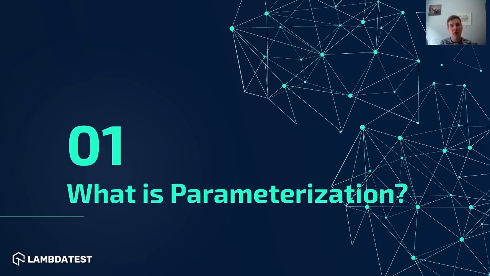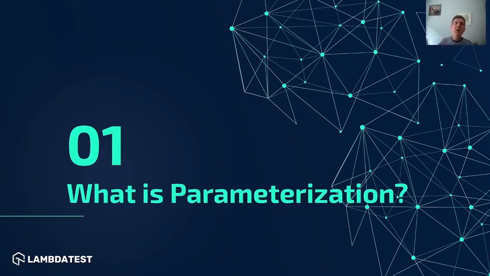Now, the other place we can use it in our test suite is to parameterize the browsers that we're testing our application on. So when we're using the Lambda test platform, we've seen how we can use the capabilities to specify the browser and the operating system and the browser version and run our tests on that specific setup.